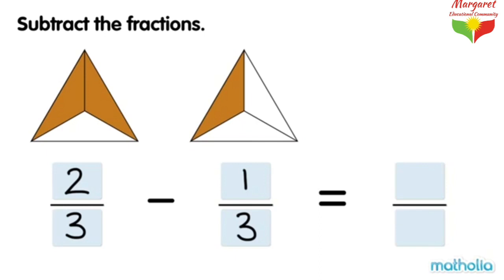The fractions have the same denominator. They are like fractions. To subtract like fractions, we subtract the numerators and leave the denominator the same. 2 minus 1 equals 1. So 2/3 minus 1/3 is equal to 1/3.